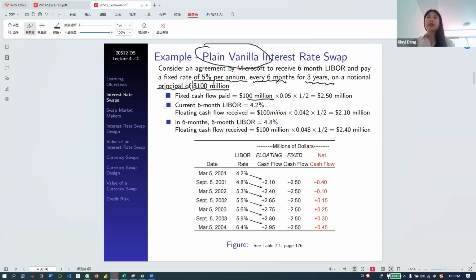And we are making this fixed payment every 6 months. So we have to convert that annual rate into semi-annual rate. So we use 0.05 times 1 divided by 2 to reflect that the payment is semi-annual, and 100 mils times that semi-annual rate is going to be equal to 2.5 mils dollars.